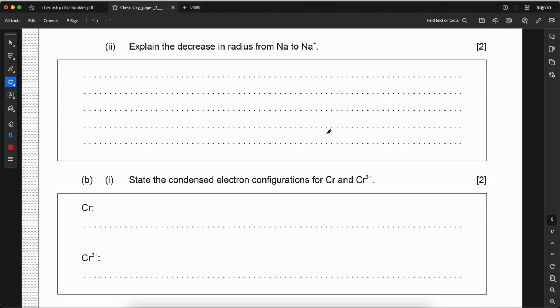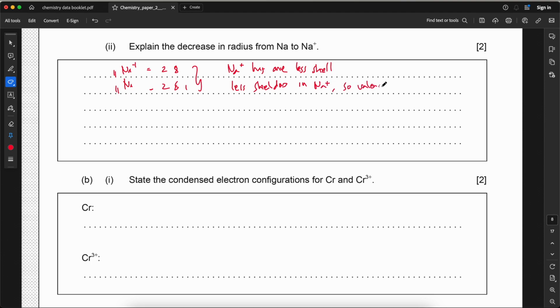Explain the decrease in radius from Na to Na+. Na+ has 11 protons and Na has 11 as well, but the number of electrons now is 10, so the electronic structure is 2, 8, and this one 2, 8, 1. As you can see here, Na+ has one less shell, so it will cause less shielding in Na+.